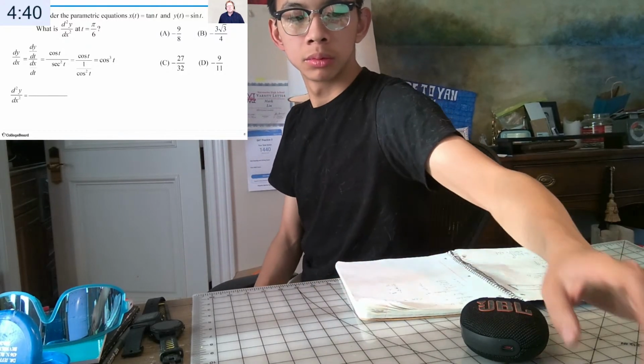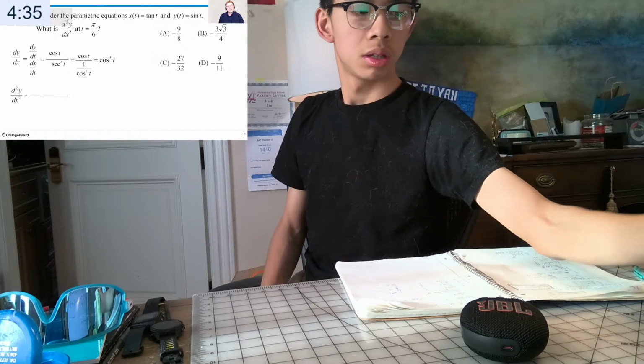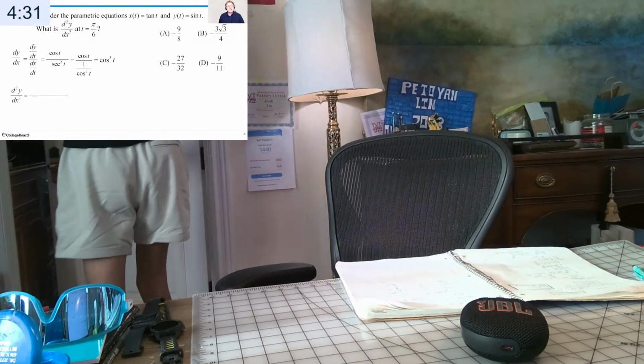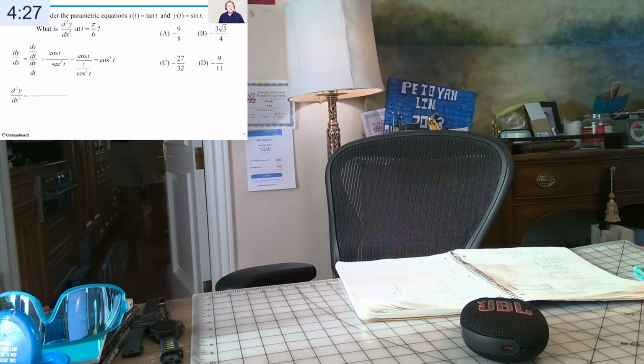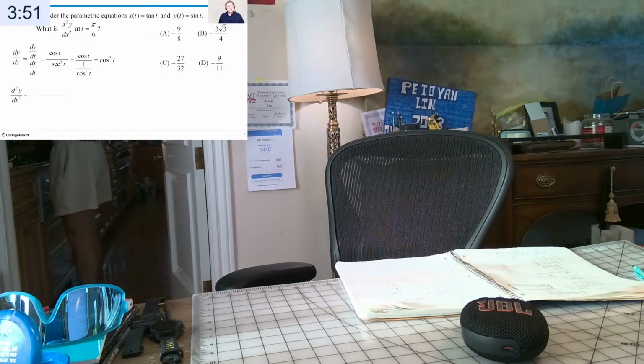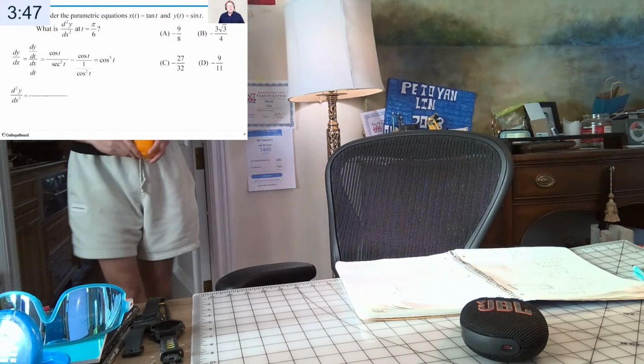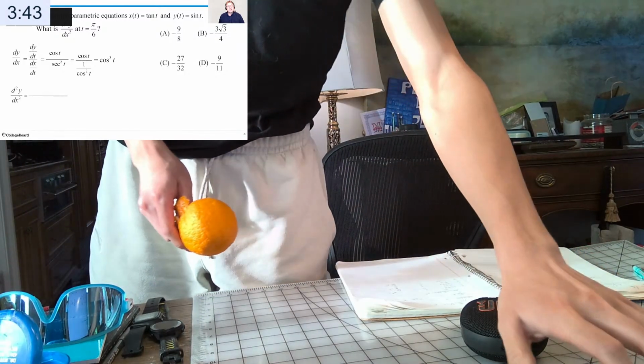All right, let's dive into our second derivative. We start by taking the derivative of the first derivative with respect to t.